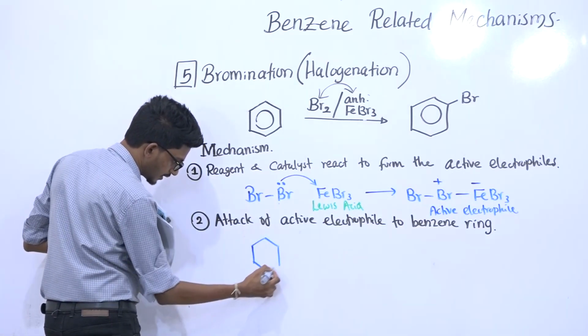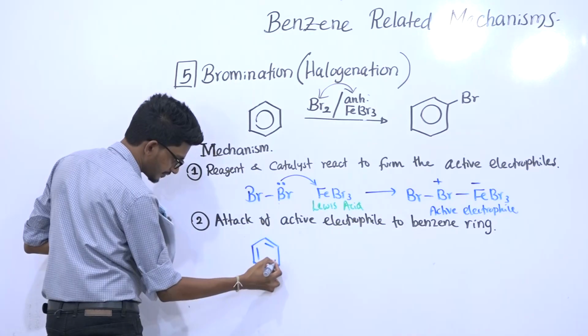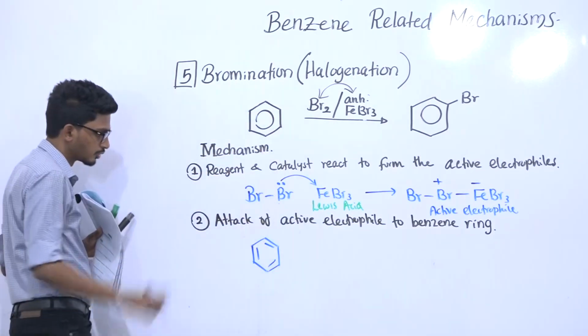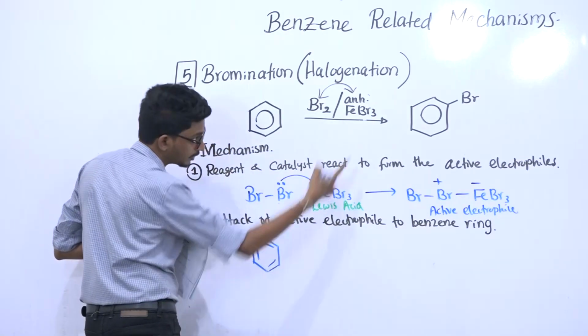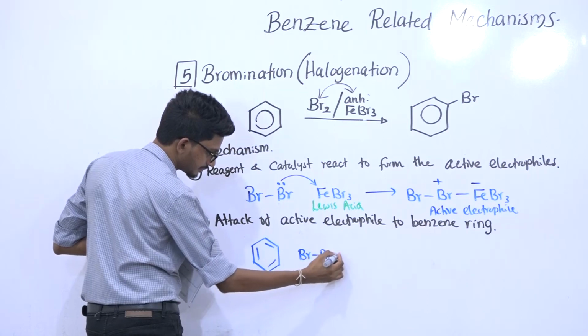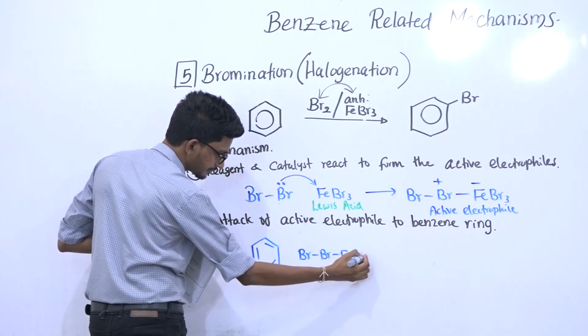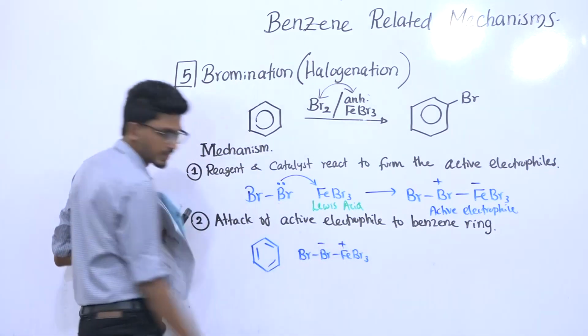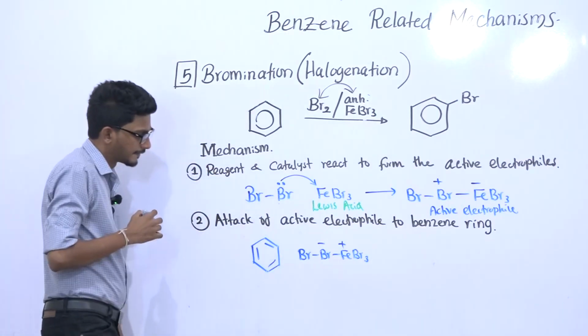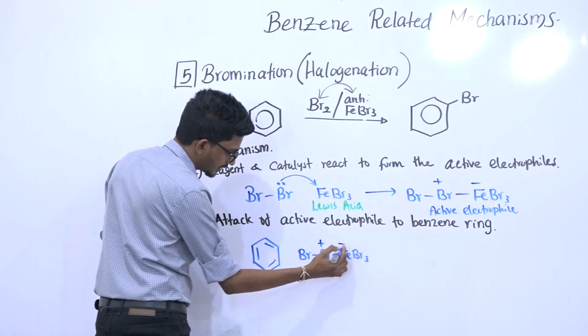So you need to write it like this, not with the oval shape here, right? Okay. Your active electrophile is this thing. What will happen?